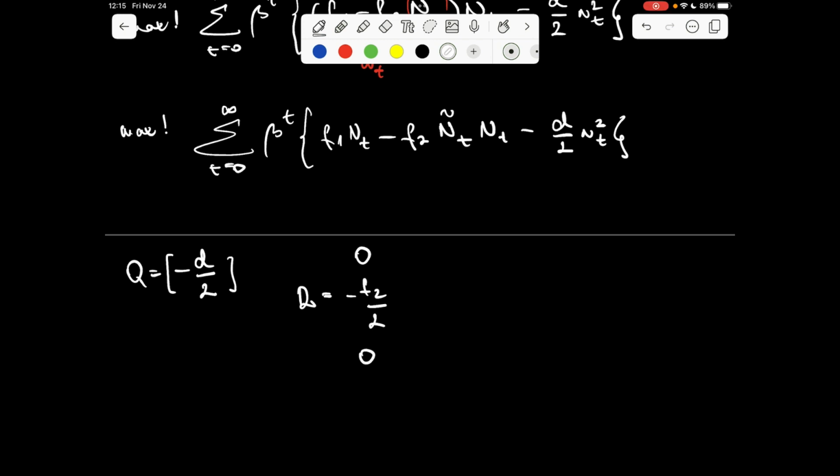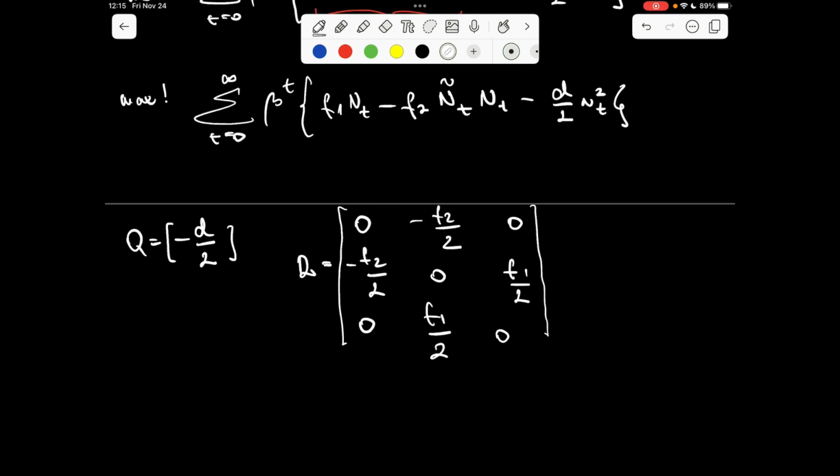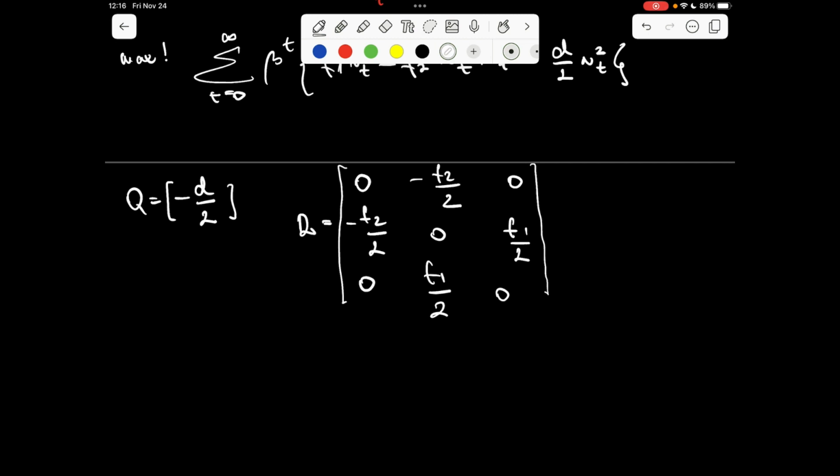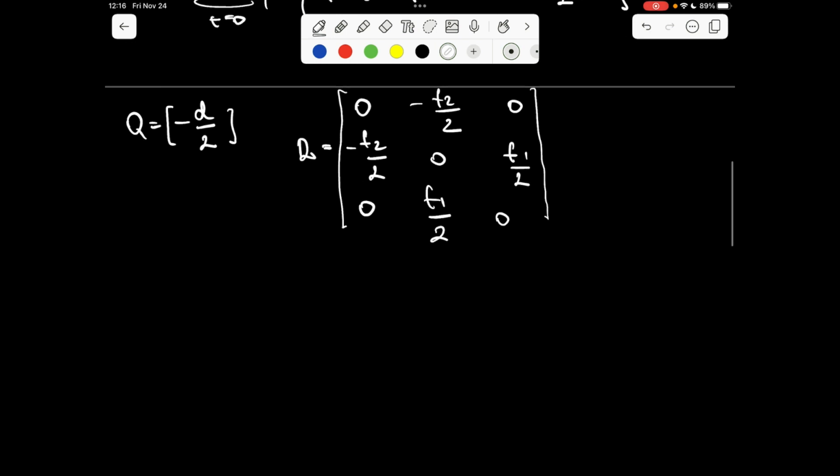Please note that both Q and R are supposed to be negative definite or semi-definite matrices, so we should be careful when choosing the parameters. Okay, this is matrix R. This is symmetric, and by carefully choosing the parameters f1 and f2, we can make it a negative definite matrix.